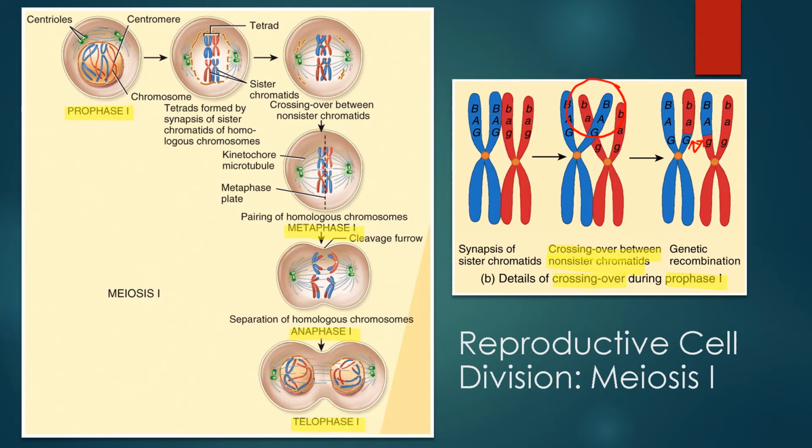And then in anaphase, the members of each homologous pair of chromosomes will separate, and they're going to be pulled to each pole. So you can see here we have these mixed up chromosomes now with a little bit of blue and a little bit of red on them. They're very different from the original chromosomes up here in prophase.